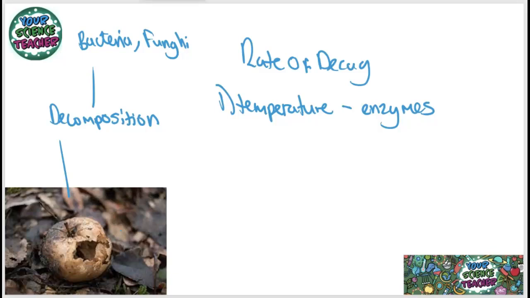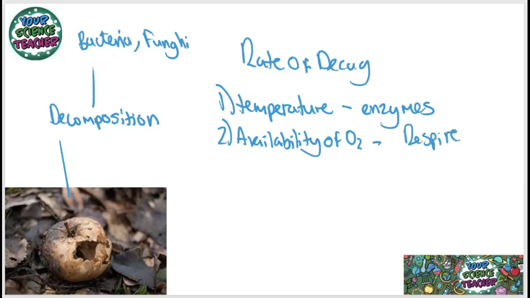The second factor that can affect the rate of decay is the availability of oxygen. The reason why the amount of oxygen can affect the rate of decay is because the organism's bacteria and fungi need this oxygen in order to respire.